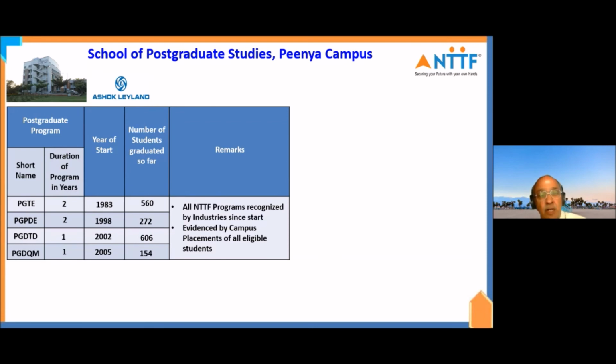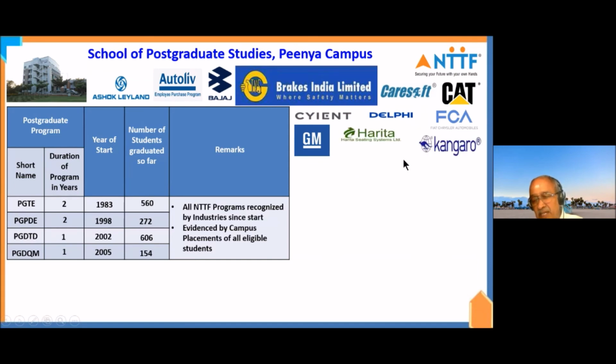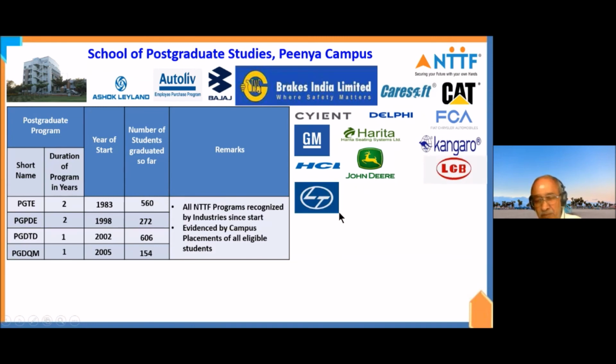And see, people who come to our campus for taking fresh engineers, in alphabetical order, some of them, not exhaustively, are Ashok Leyland, Autoliv. They are manufacturing 70% of automotive safety systems supplied by Autoliv company, and Bajaj, Brakes India, Caresoft, Caterpillar, CN Technologies Hyderabad, Delphi, and this Fiat, GM, Harita, a Kangaroo that's based in Punjab, John Deere Pune, LG Balakrishnan, that is Coimbatore, L&T, Schneider Electric, Subros.